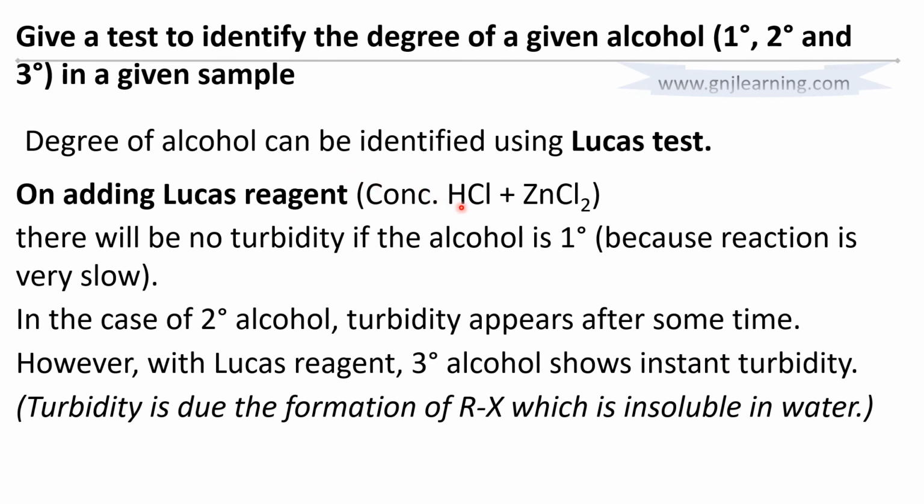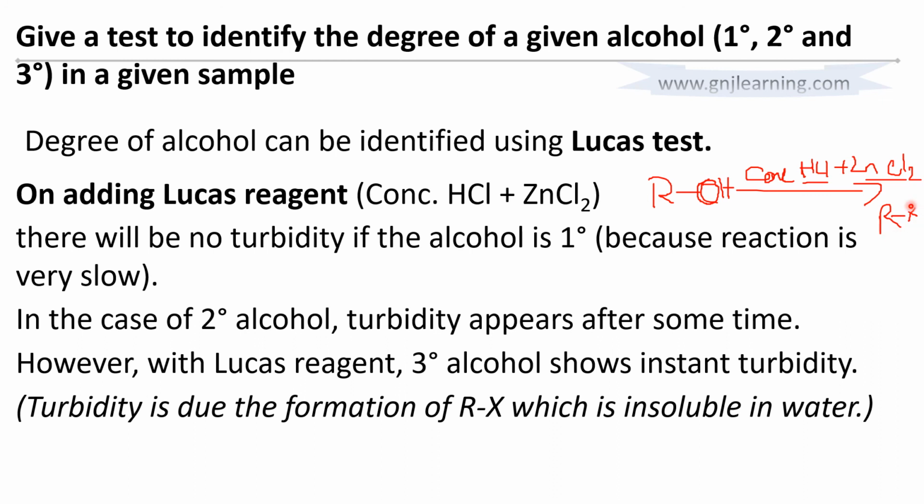So again we will repeat. The reactivity of concentrated HCl is different for primary, secondary and tertiary. Tertiary is very fast, primary is very slow. So I will write the reaction here: ROH with concentrated HCl plus zinc chloride will give RX.